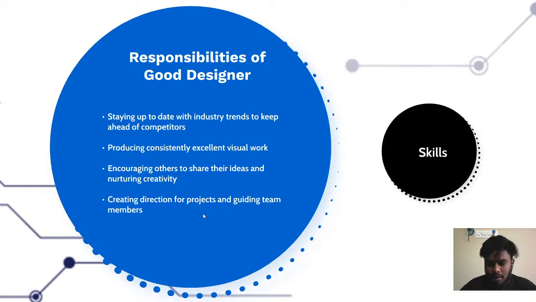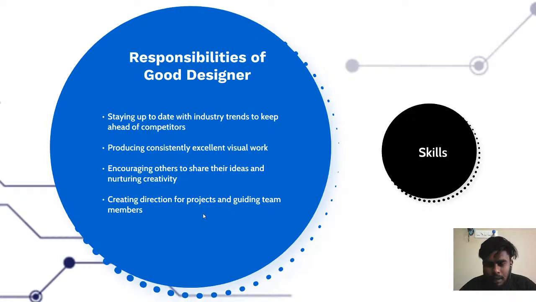And the fourth is creating direction for projects and guiding team members. Okay, the first three points, as I have drafted, are about self-thinking and self-updating. The fourth point is when you become a leader, when you become a project head. When you are the head of your team, at that time you should give clear-cut direction on how to start and how to do this work efficiently within a given time period.